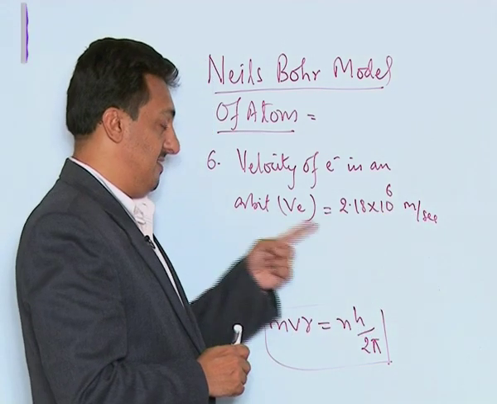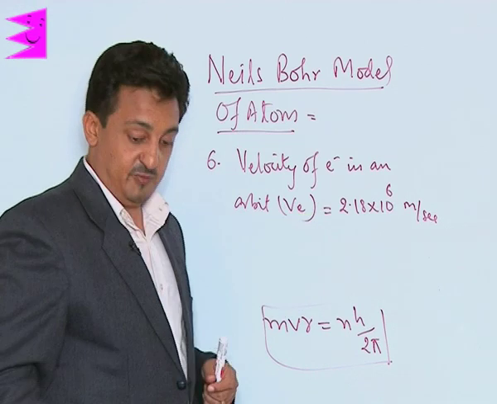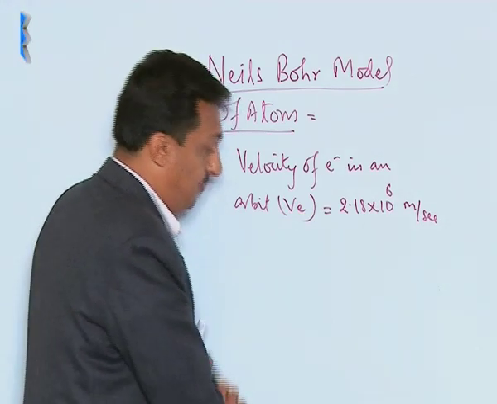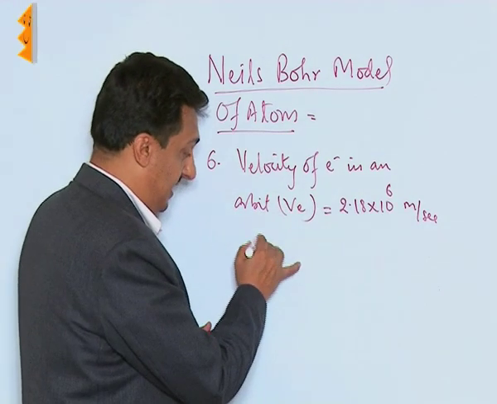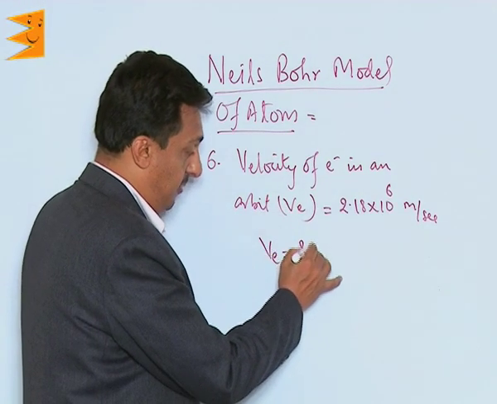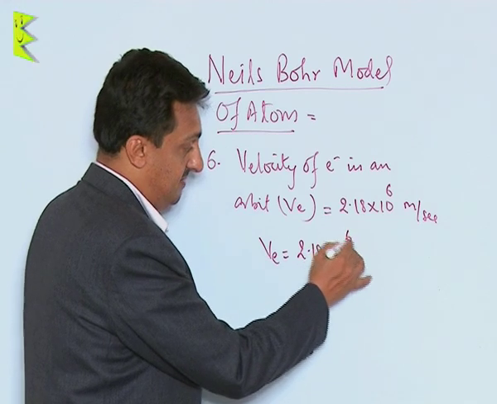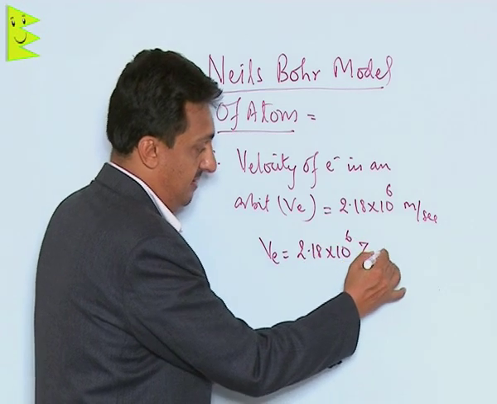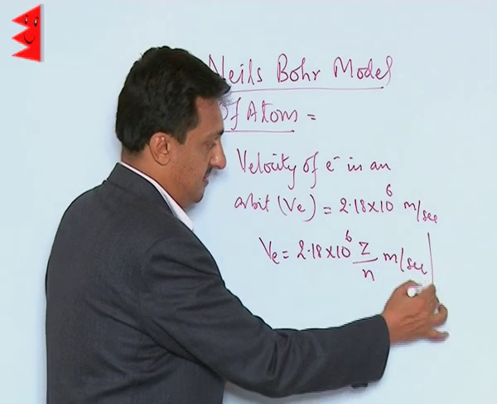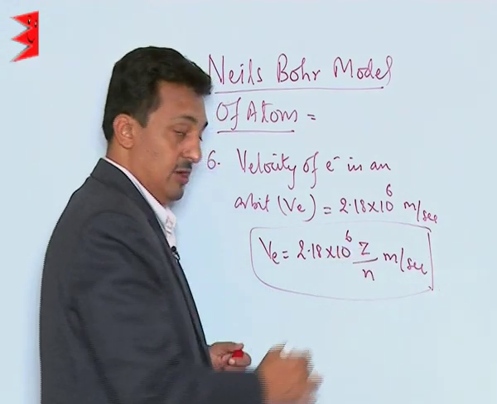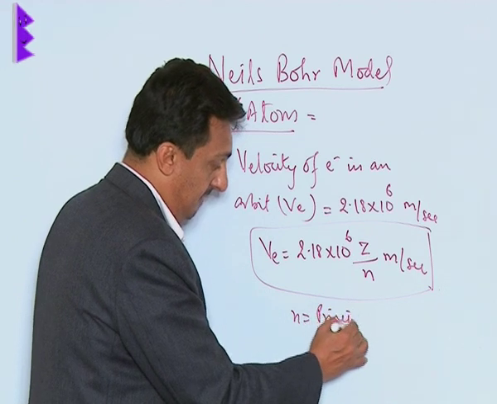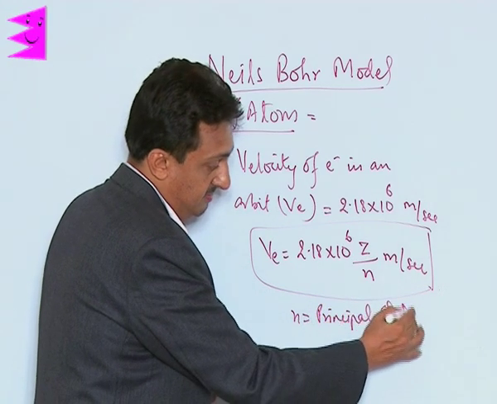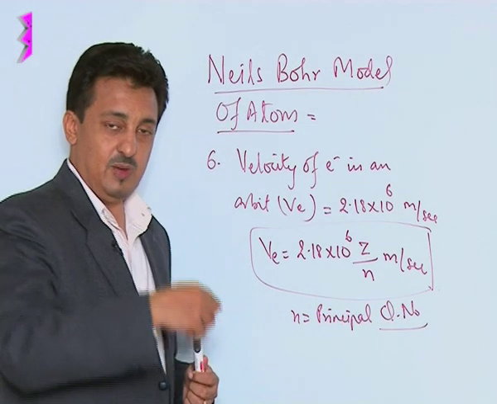I am talking about the velocity of an electron in the first Bohr orbit in case of hydrogen atom. If we go by the exact formula, it is 2.18 into 10 to the power 6 Z by n meters per second. Z is again your atomic number and n is your principal quantum number, whose values are 1, 2, 3, 4, 5.